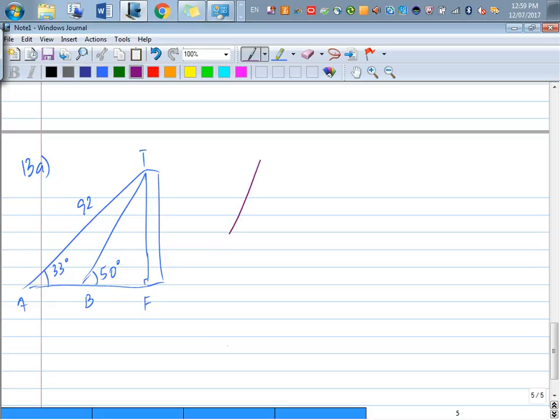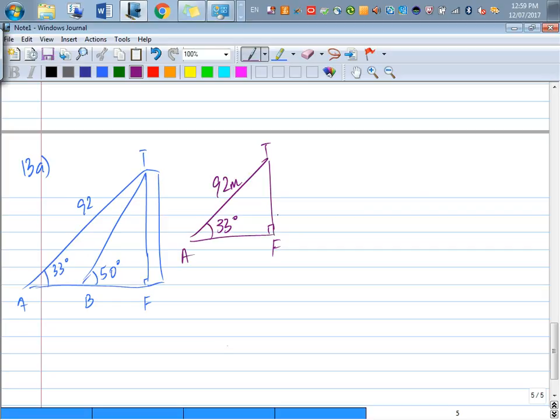If I'm using TBF, then this is 50 degrees. How do I find the height of the building? How? This one cannot, because you don't have enough information. So let us try the other triangle, which is TAF. TAF, angle 33 degrees, 92 meters.